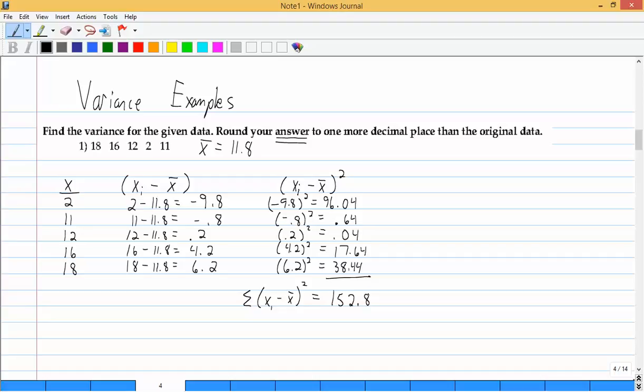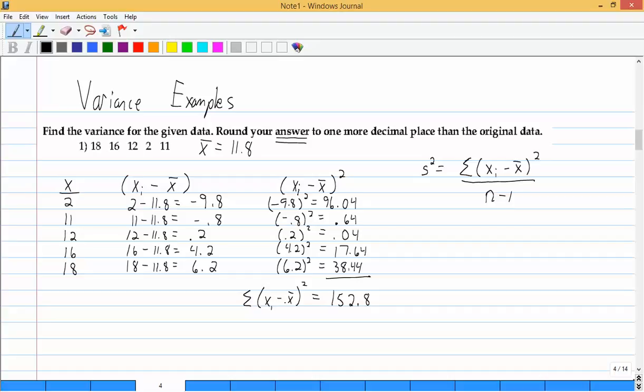Now remember, what is the formula for our sample variance? Sample variance, or S squared, is equal to the sum of x sub i minus x bar squared. So what we just figured out was the numerator, and that's all over n minus 1.